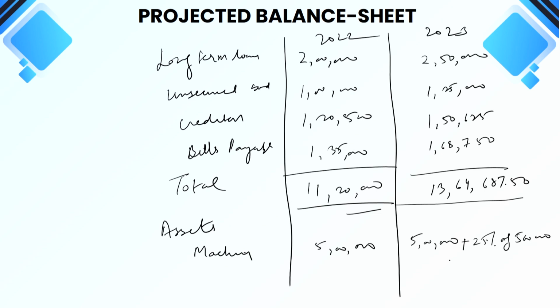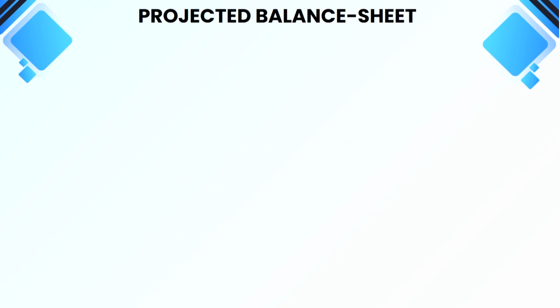It becomes 6,25,000 plus 50,000 that we acquired latest. So the total value of the projected machinery for the calculation of the balance sheet would be 6,75,000 rupees.